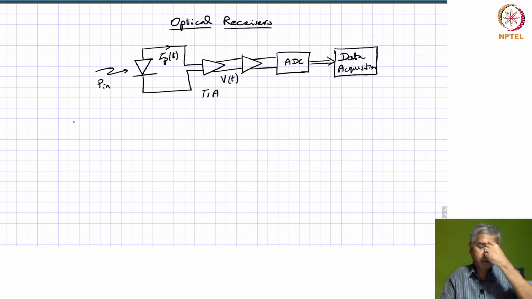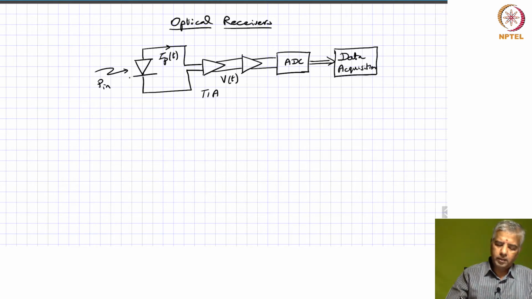And of course, the other important aspect is how fast can your optical receiver respond to changes in the incoming radiation, right? So that is characterized by the bandwidth of your receiver, and we'll start looking into some of those issues.